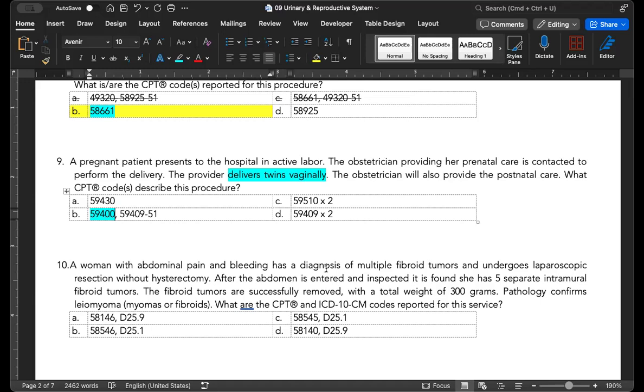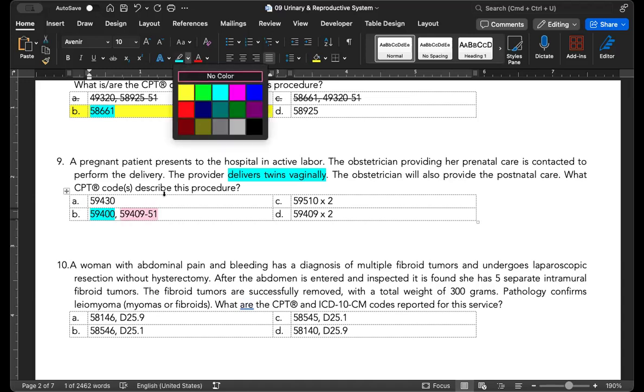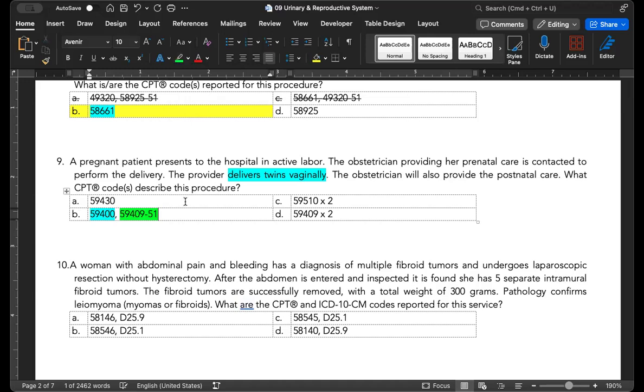So when twins are delivered vaginally, you should report baby A with a global package, and baby B is going to be the delivery only, because we should get paid for the delivery since we were present for the actual delivery itself.